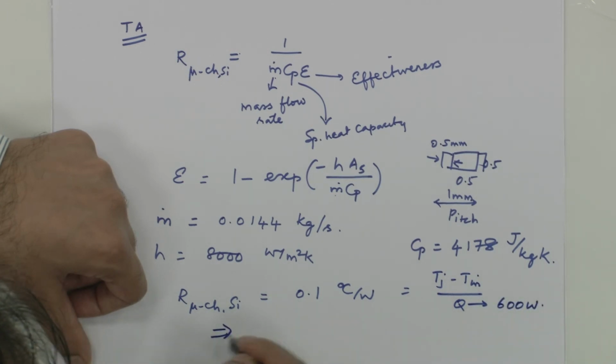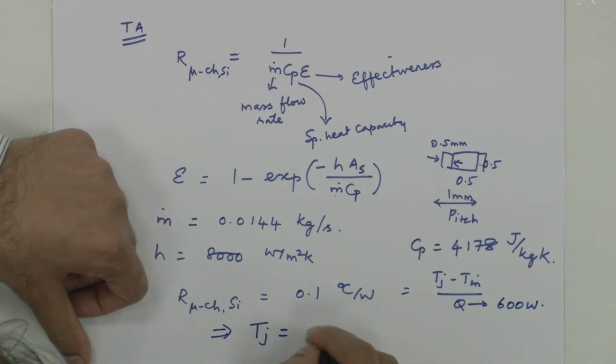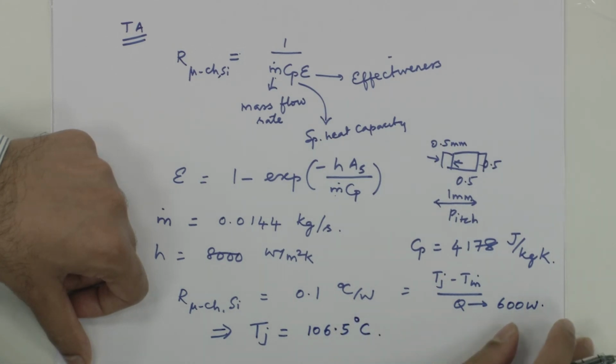So from this we can calculate T junction, and that turns out to be 106.5 degrees Celsius for this case. We will look at team B's solution in the next module, so that we can compare team A's junction temperature with team B's junction temperature.